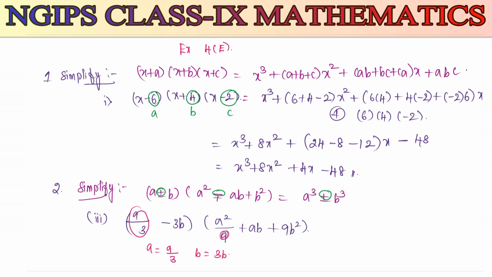So it is in the form of this. Here we have minus, so we have to look into the second sign, which is a minus. So we just take a value a/3 whole cube minus b value 3b whole cube. Therefore the final answer is a³/27 − 27b³. So this is the answer of the third one.